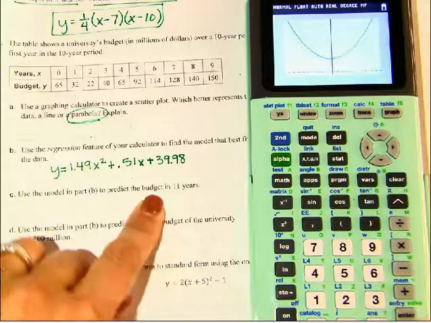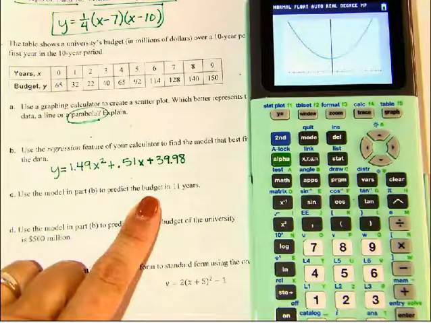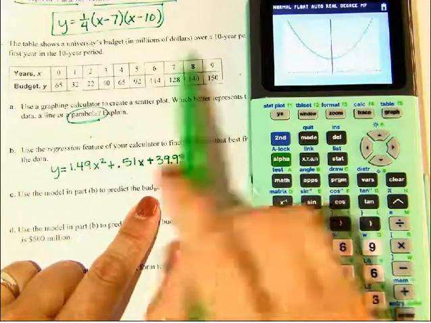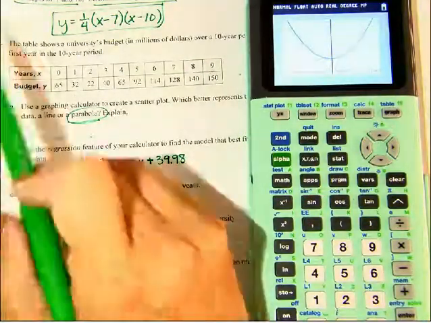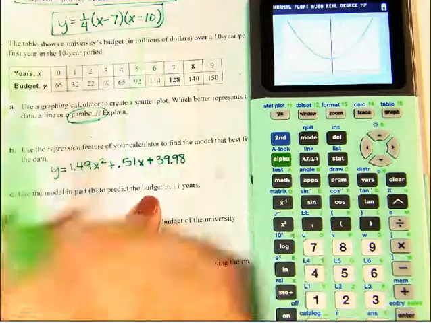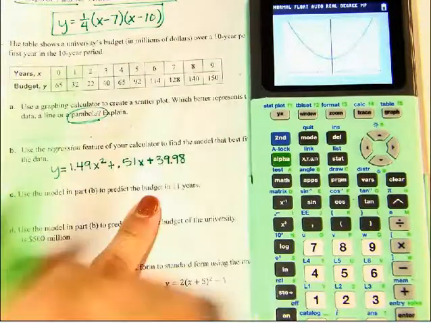Now, the years is up top. And for this to be a 10-year period, I'm at 9. I'm not at 10. So 0 is the first year, 10-year period. So for 11, I'm actually going to put in 10 instead of 11.